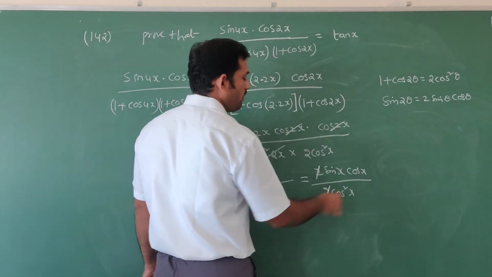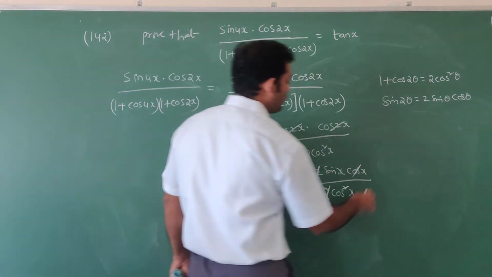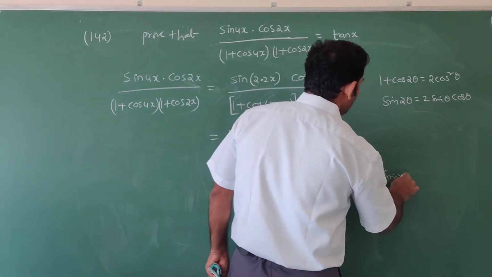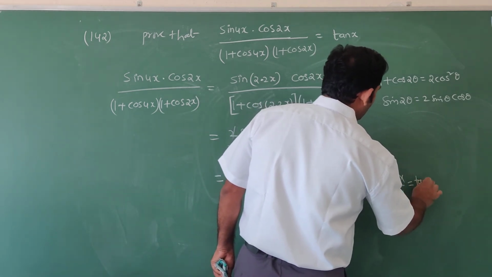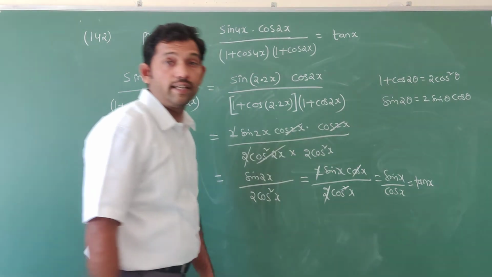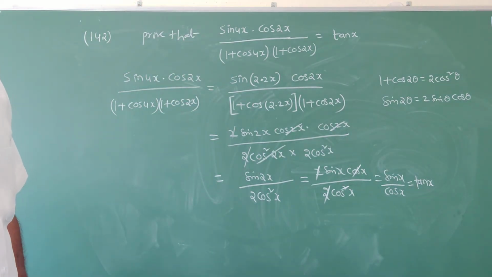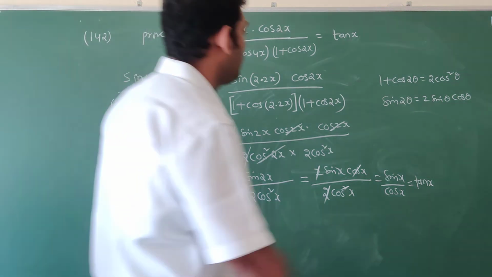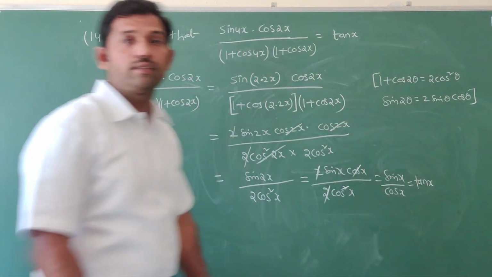The 2 gets cancelled, one cos is cancelled, remaining sin x by cos x, which is equal to tan x. That is our solution. Note it down fast. Any doubts in this? Beside it I have written what formulas we used in this problem, note them down.